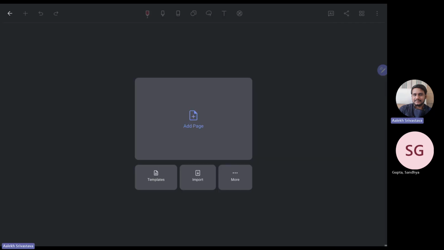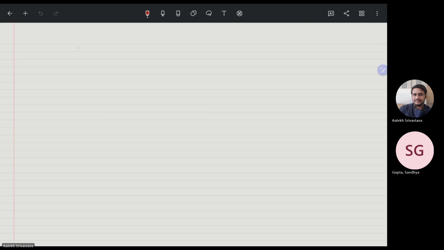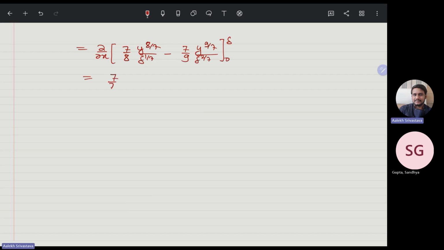If you solve, you will get del del x of 7 by 8 y 8 by 7 by delta 1 by 7 minus 7 by 9 y raised to the power 9 by 7 by delta 2 by 7, from 0 to delta. So if you solve this, you will get 7 by 72 delta, d by dx of delta.